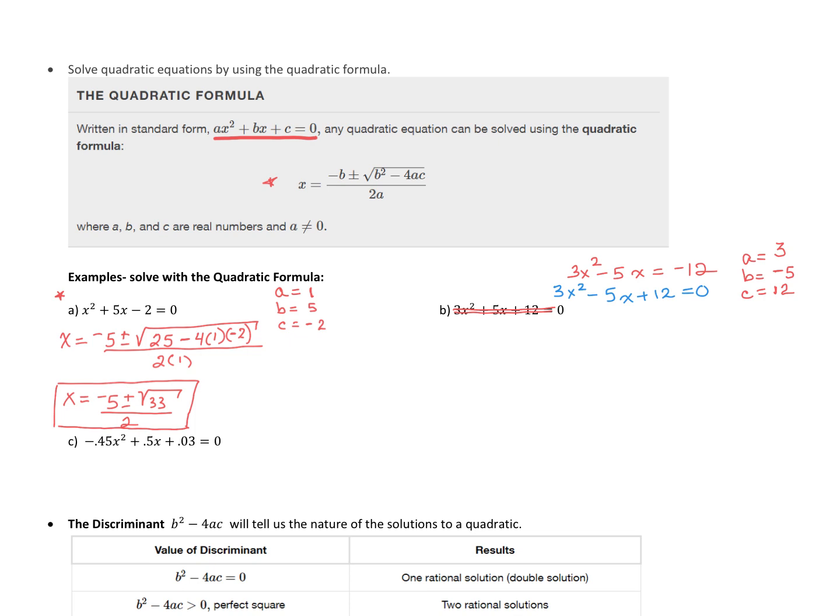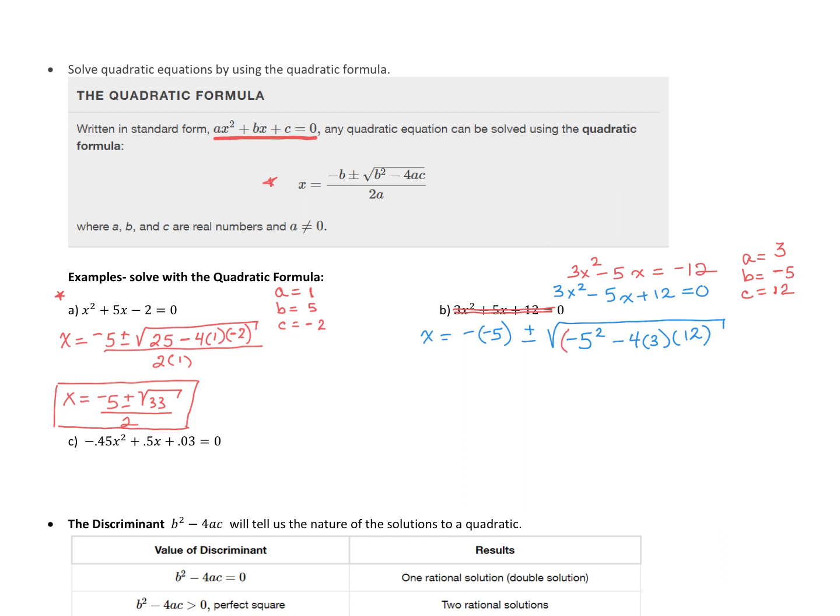Okay, we're going to use our quadratic formula. X equals the negative of negative 5, so positive 5, plus or minus. I'm going to show you why I want you to square this first. Very often I see people write negative 5 squared minus 4 times 3 times 12. The reason that is incorrect is because the negative is not squared.